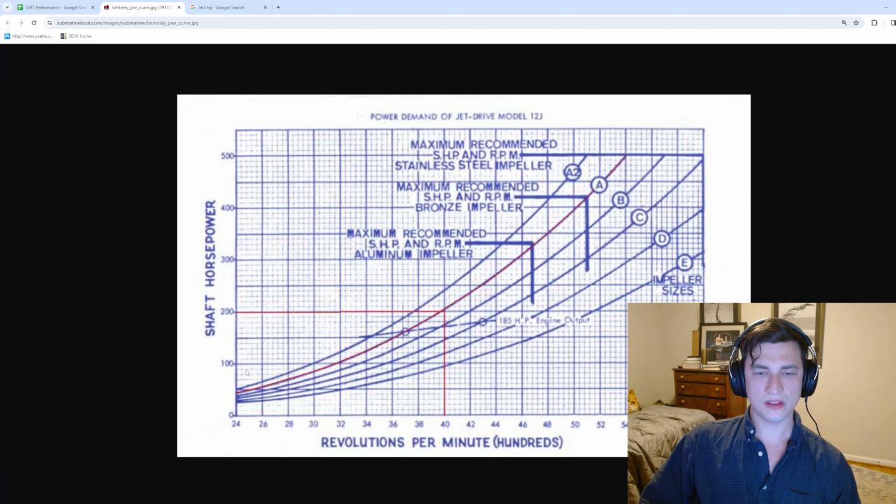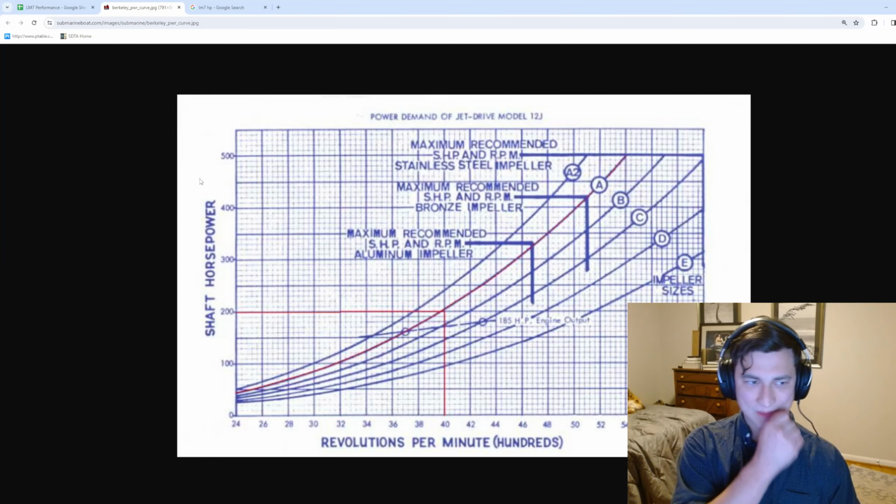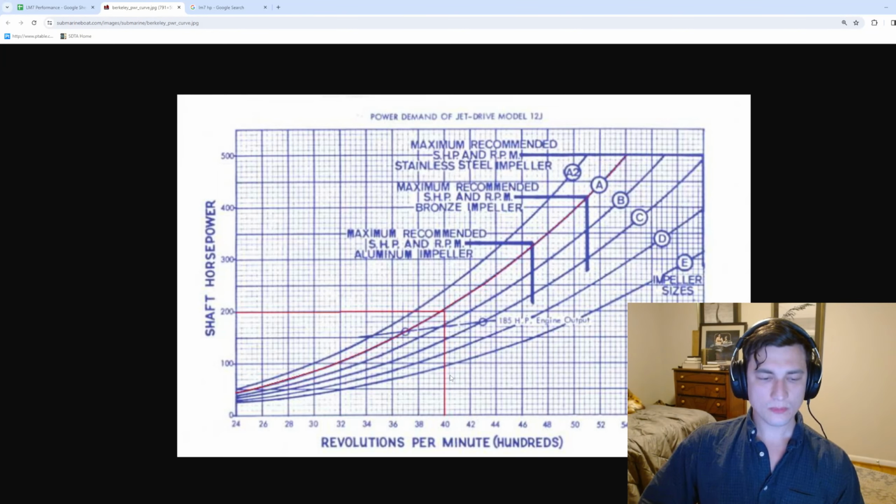It's fortunate that they use A as the standard impeller size on this graph. It tells us essentially how many shaft horsepower are required and come out, because I assume there's minimal loss through the system, on the order of 95 to 98% efficiency. Meaning if we put 400 horsepower in, we're going to get 400 horsepower thrust out.